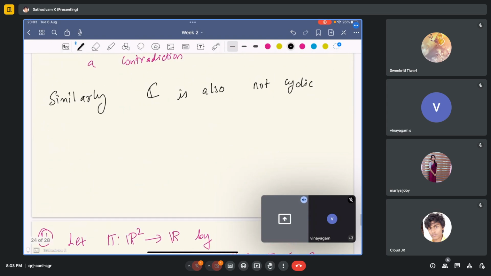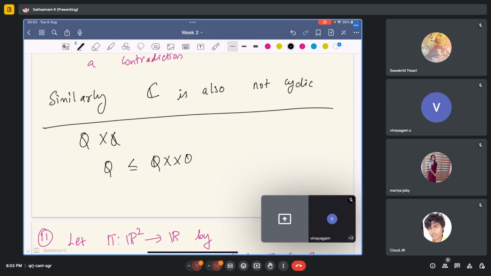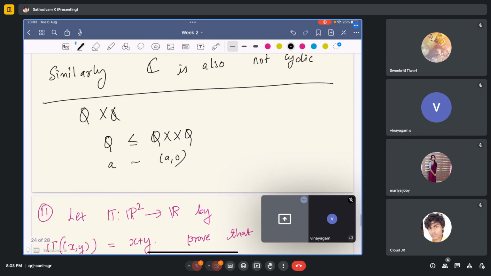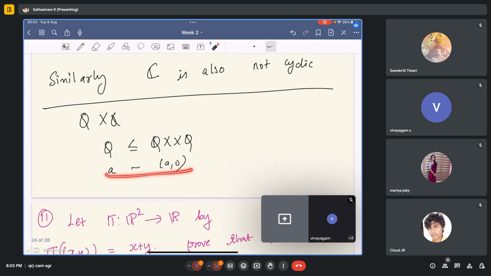So how do you prove Q cross Q is not cyclic? What you can see is that one can see Q as a subgroup of Q cross Q. How you do it is you take the A here and identify it as (A, 0). This identification goes via isomorphism.